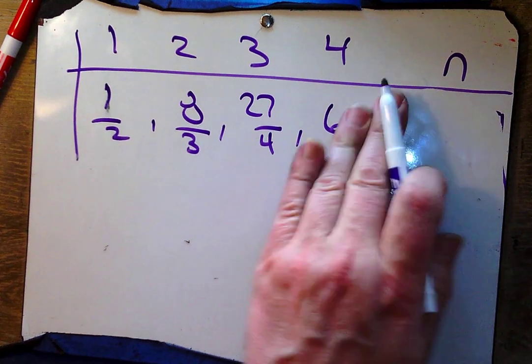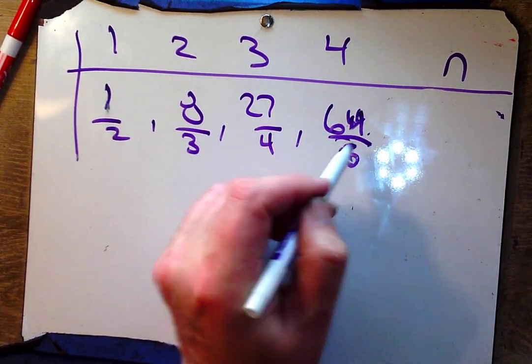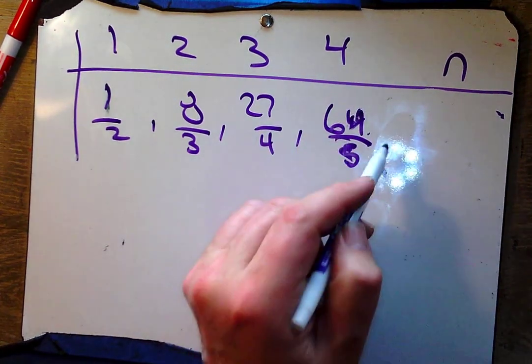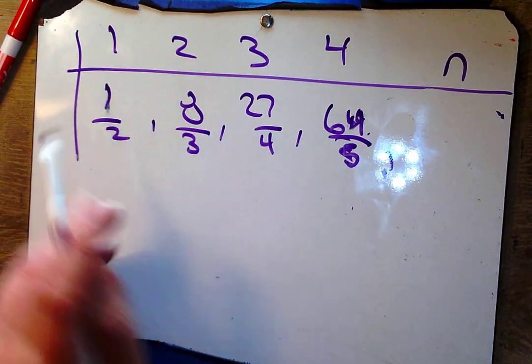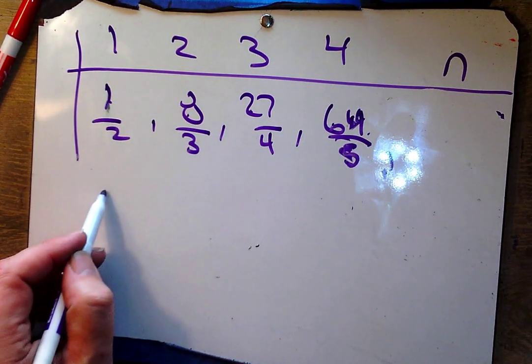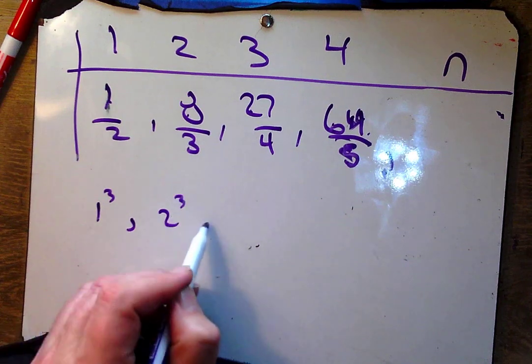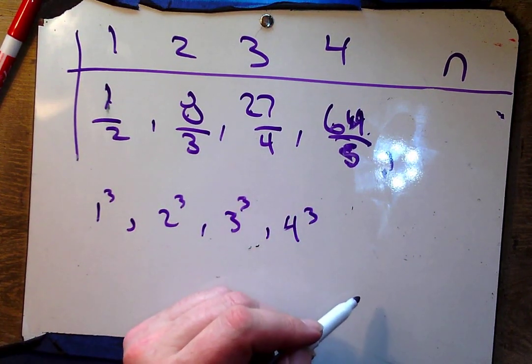Okay. So, what do we notice? Well, I think I want to have one rule on top and a different rule on the bottom. Why? Well, when I look at the tops, I've got 1 to the third, 2 to the third, 3 to the third, 4 to the third.